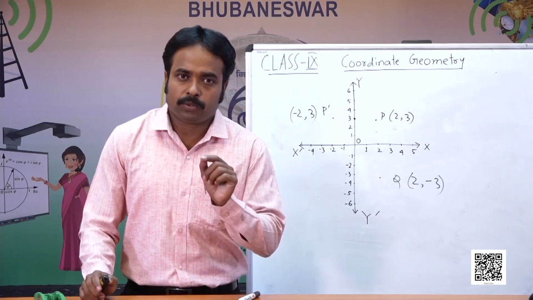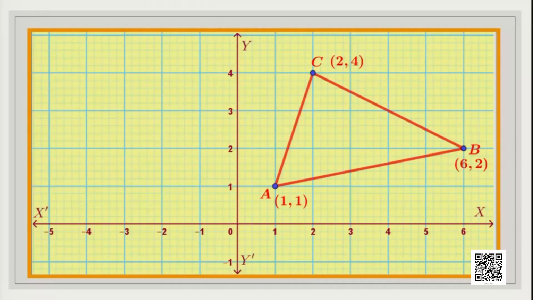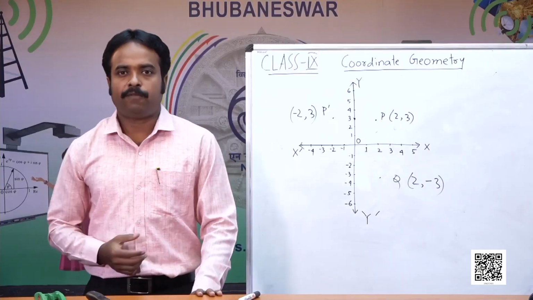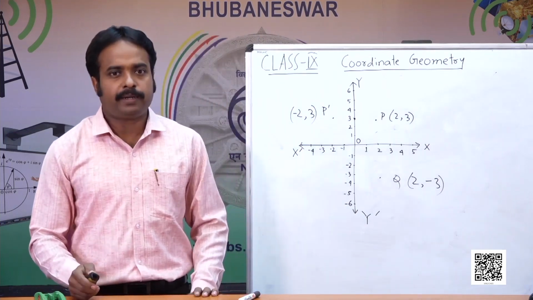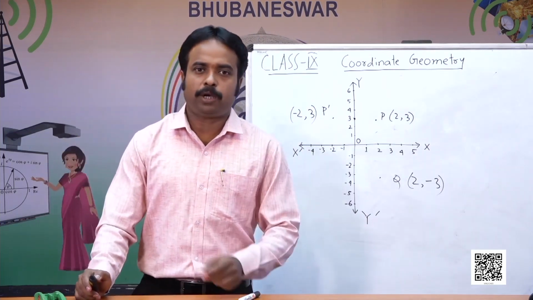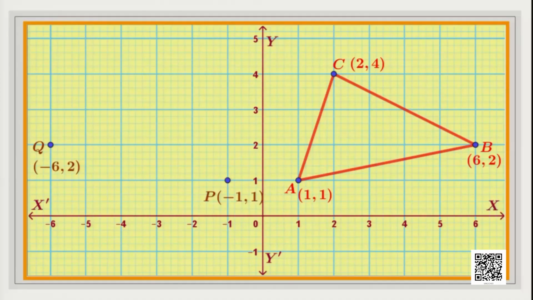The coordinates of the point A are (1, 1), the coordinates of B are (6, 2), and the coordinates of C are (2, 4). So first we have to find the images of A, B and C with respect to the y-axis. The image of A is P (-1, 1). The image of B is Q (-6, 2).